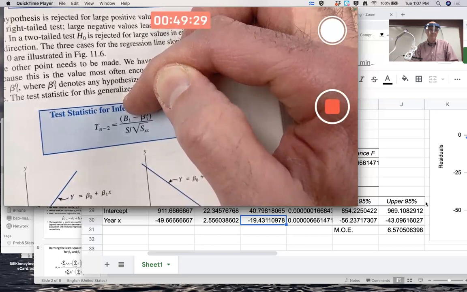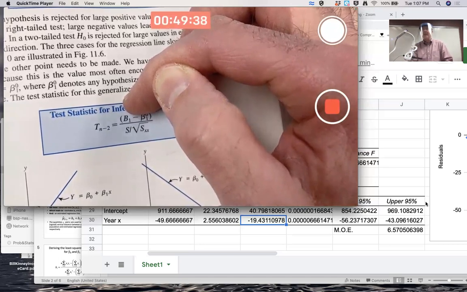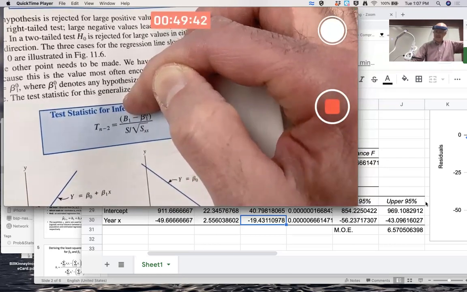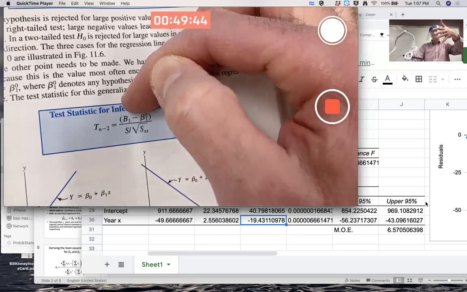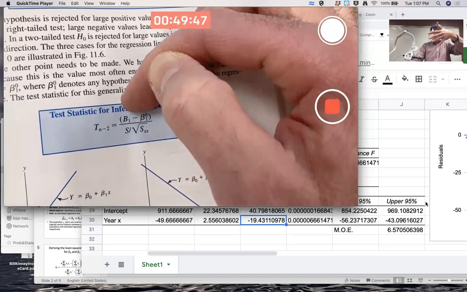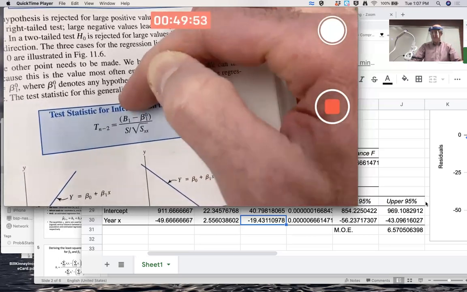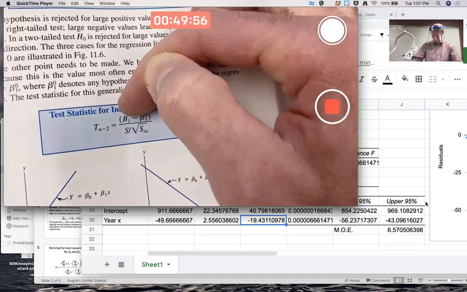I haven't seen capital B1 before. We've done little lowercase b1. Lowercase b1 is an observed sample slope. Capital B1 must be a statistic, a sample slope, right? Like the difference between lowercase x bar and capital X bar. That's a random variable. It's got a distribution. We'll say what the distribution is here in a minute or two.